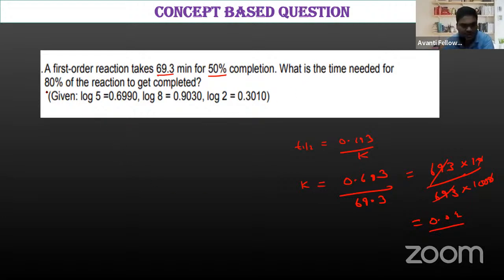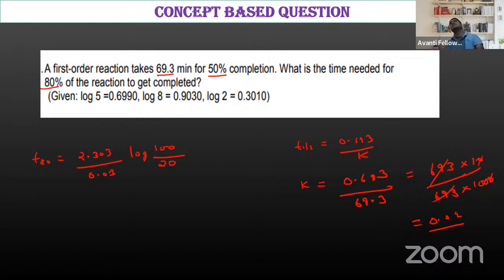Now, what is the time needed for 80% of the reaction? So the time for 80% is equal to 2.303 divided by k, which is 0.01, times log R naught upon R. Whenever the question is in percentage, always take R naught as 100. And 80% reaction completed means 20% is left, right? So if in the question they give 75%, then R naught is always 100, it never changes, right?